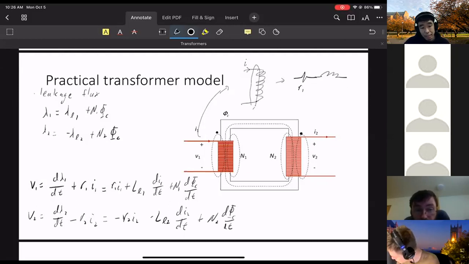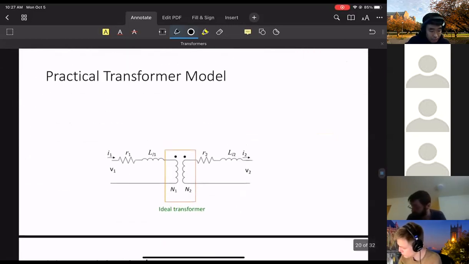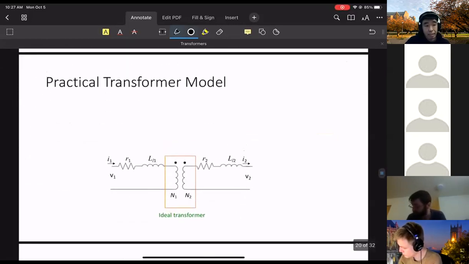So I have some things that's in series, right? So I have some non-ideality in series. So then if you draw the whole thing, basically what we have is, I have an ideal transformer sitting in between the primary and secondary.